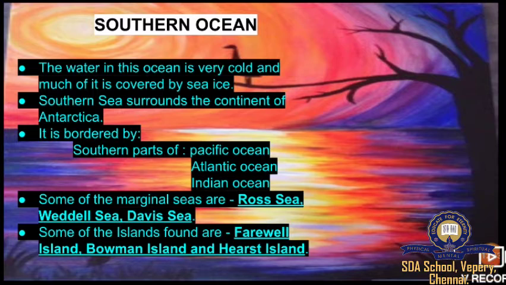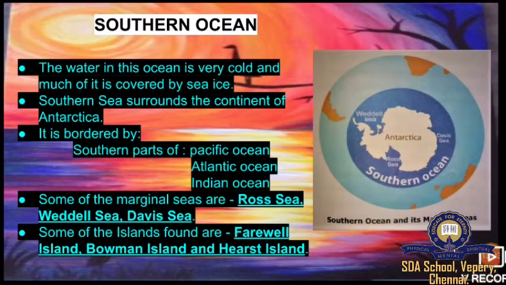It is bordered by southern parts of Pacific Ocean, Atlantic Ocean, and Indian Ocean. So it is bound by the other 3 oceans. So Southern Ocean is in the middle part of the Pacific, Atlantic, and the Indian Ocean, as you see in the picture.